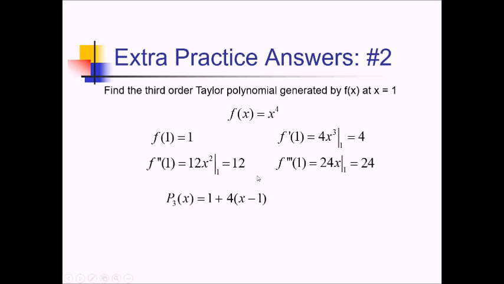For the next thing, we have f double prime of 1 over 2 factorial times x minus 1 squared. So we're going to have 12 x minus 1 parentheses squared all over 2 factorial. And then finally, for this last term, we're going to have 24 x minus 1 cubed all over 3 factorial. And there we are.